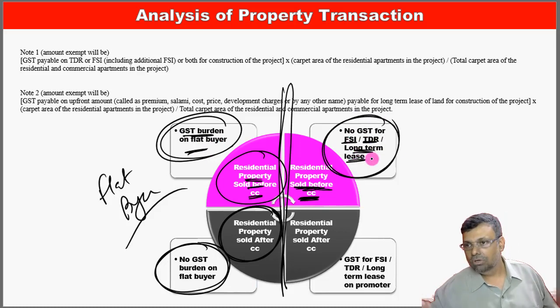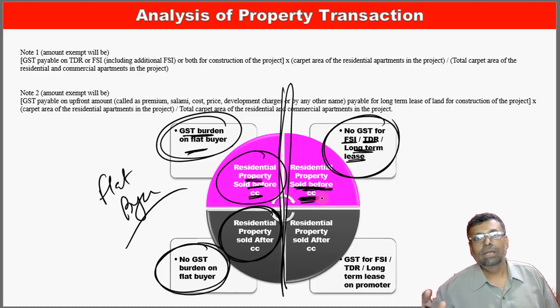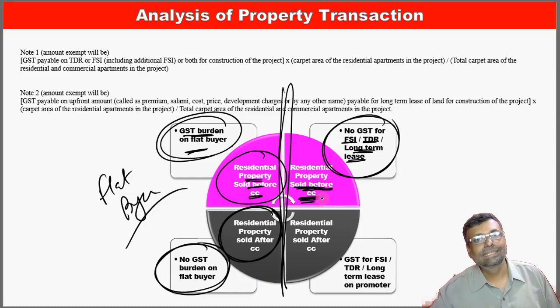So on that particular property transaction, there will be no GST burden on the hands of the developer or the promoter where the property is sold before the completion certificate. Where it is an under construction property, the entire burden for the GST is on the flat buyer. This is how you should logically understand. Because the entire burden is on the flat buyer, there is no burden on the promoter. Is that clear? Exactly opposite.